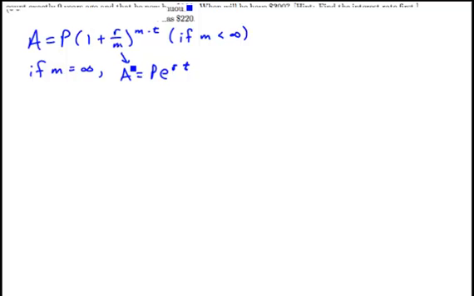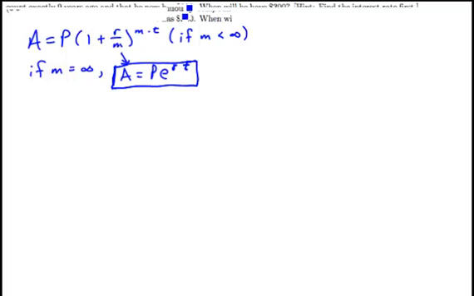So it's still an exponential problem, but it now follows a somewhat simpler formula. So again, P is the initial amount, A is the amount it becomes, r is the rate, and T is the amount of time in years between the principal and the accumulated amount. So in this problem, this is the formula we're going to use.